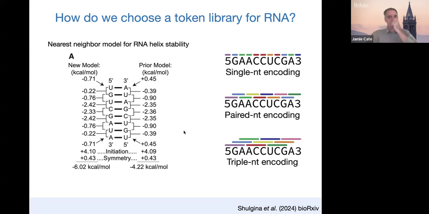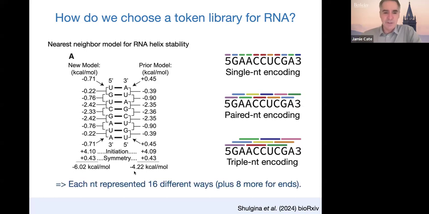So this is very different than proteins. It's coded as a sort of a triple nucleotide, and then you step one nucleotide at a time. The advantage of this is that each nucleotide, for example, that G, is represented 16 different ways in our vocabulary, in the token library, because there are 4 different nucleotides on the one side times 4 different nucleotides on the other.